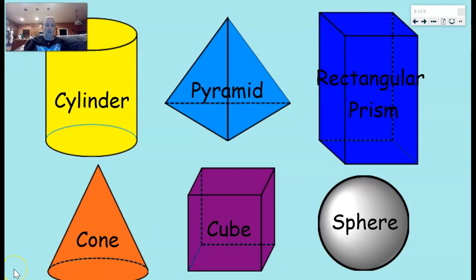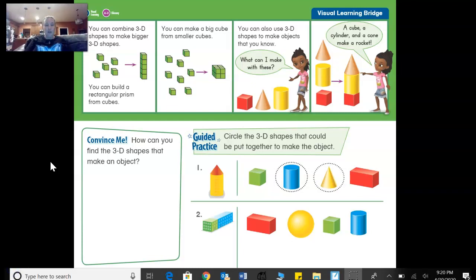Now I'm going to show you what you're going to do with those when you do your work today. Okay, boys and girls, so your independent practice today has you building with 3D shapes.